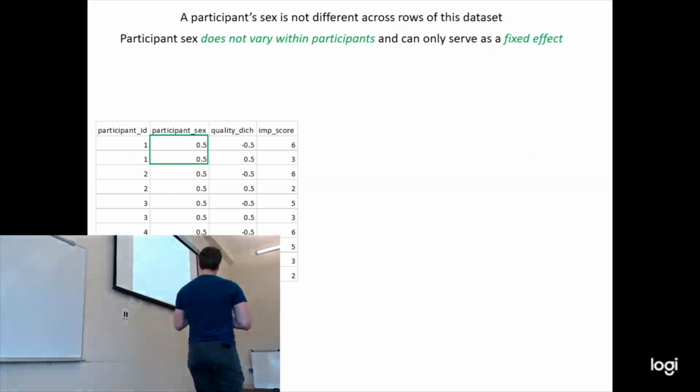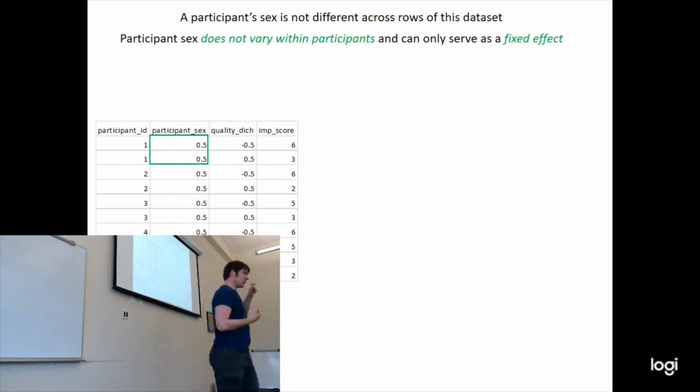The reason this matters is that variables that do not vary across rows of a given unit, some characteristic of reviewers that's fixed across the course of the study, cannot go into that first stage of analysis that I talked about, where you're getting those little individual linear models, one for each reviewer.